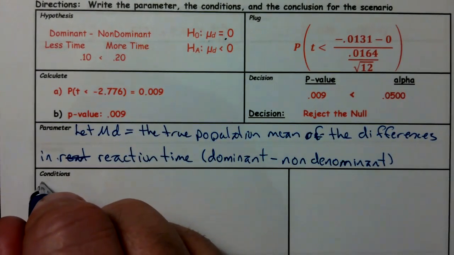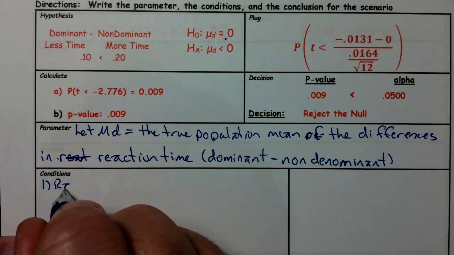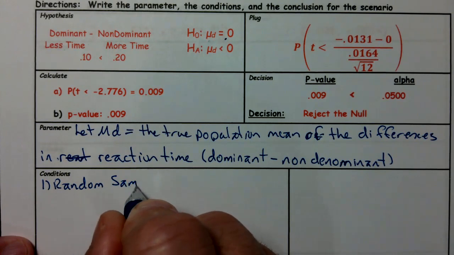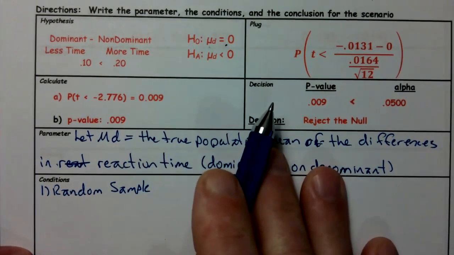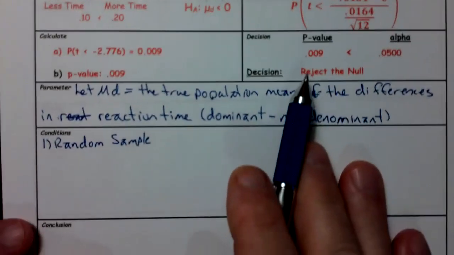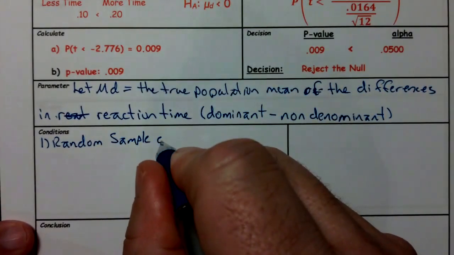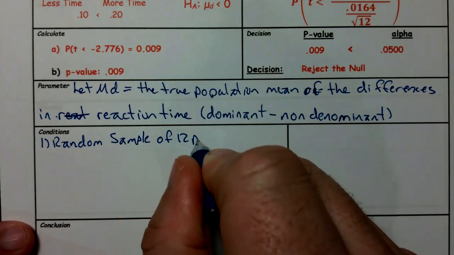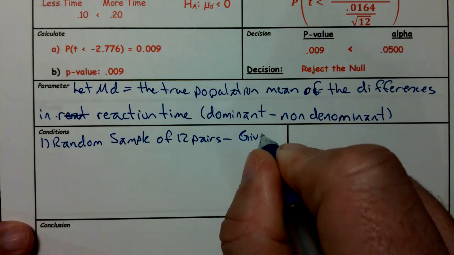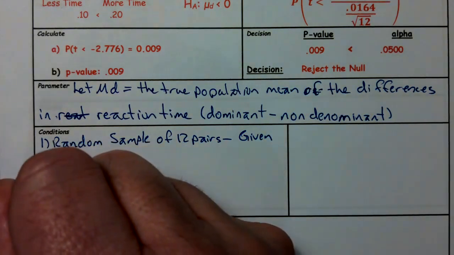All right, our conditions. Well, we need a random sample. That's the first one. And they told us it was a random sample, and we had 12 students. So we had 12 pairs, and that was given, right?